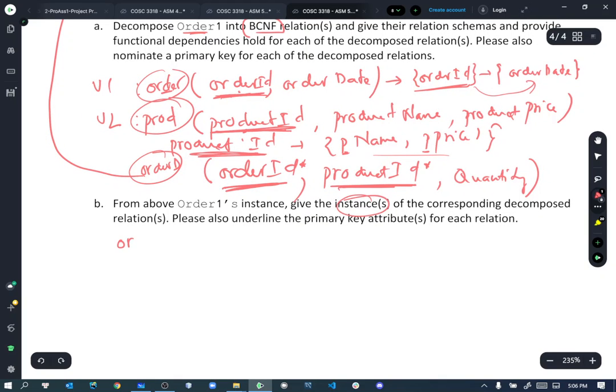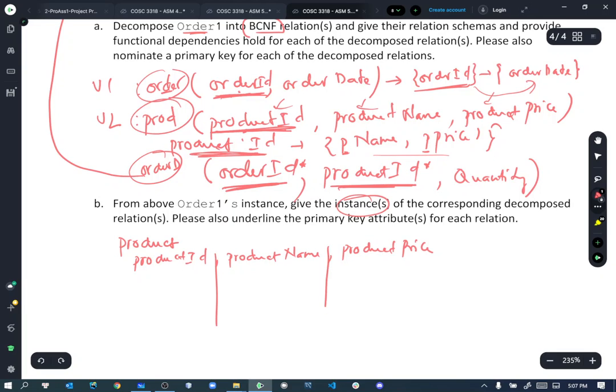Here, let me just start with product. First I have product, and this has product ID, product name, product price.